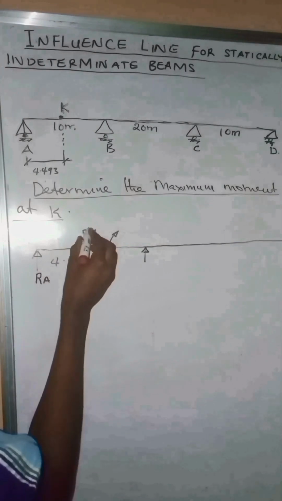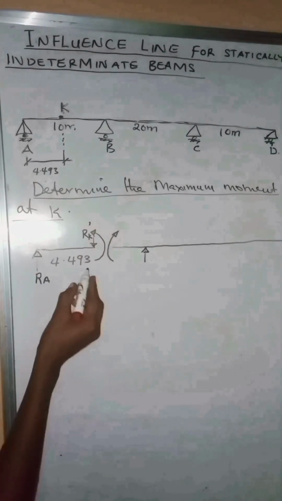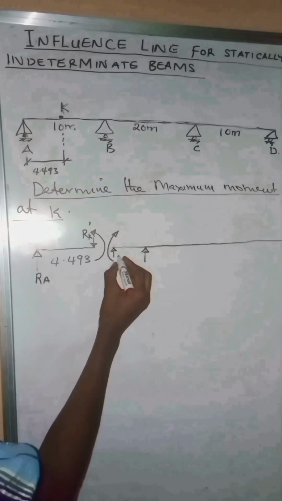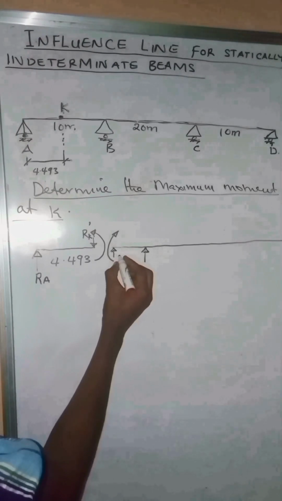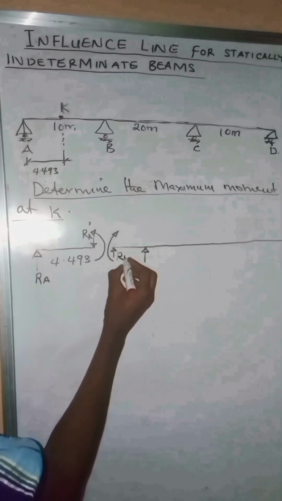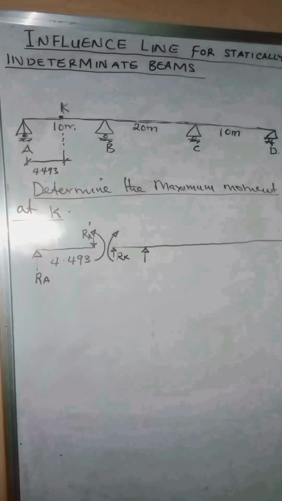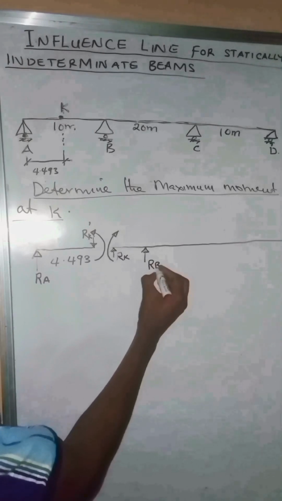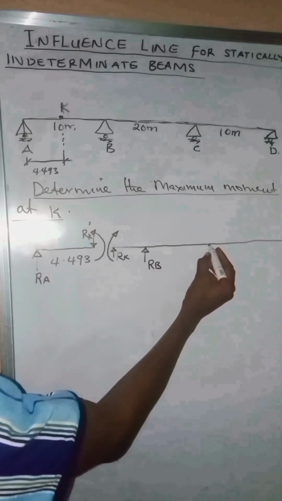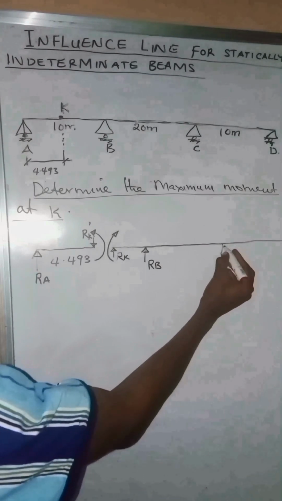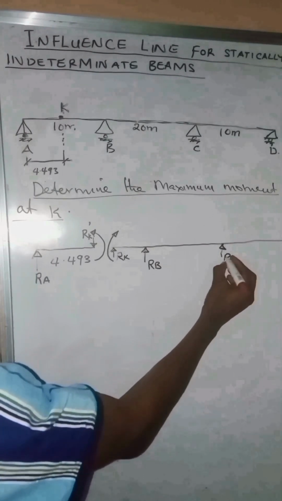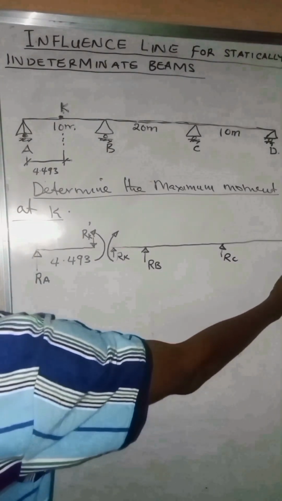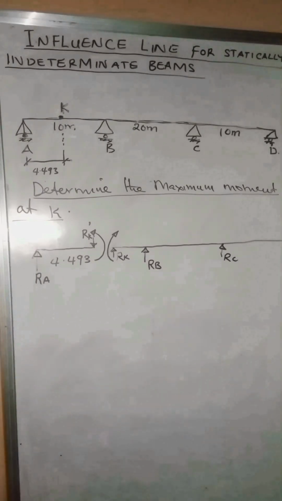So we have R_K prime, and at this point R_K prime prime. Now the next point we have reaction at B, then reaction at C, then the last we have reaction at point D. So this is a free body diagram.